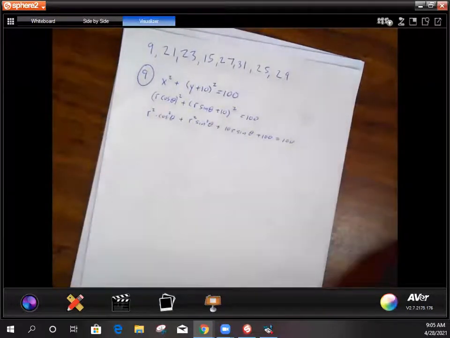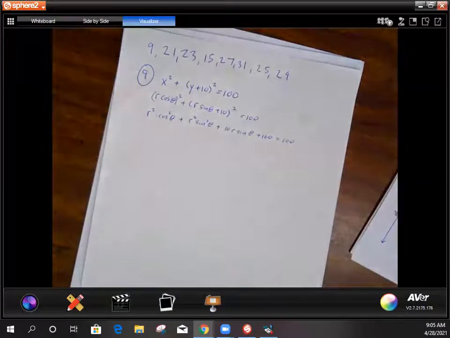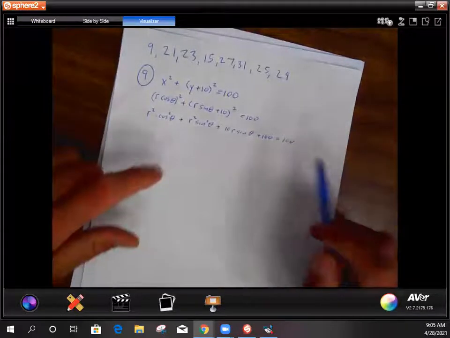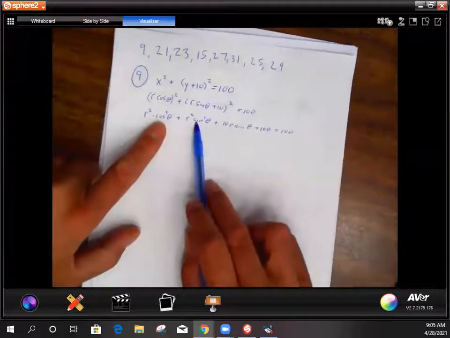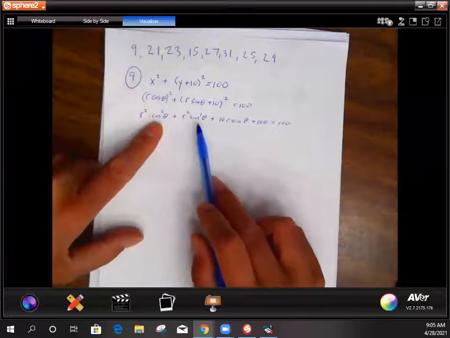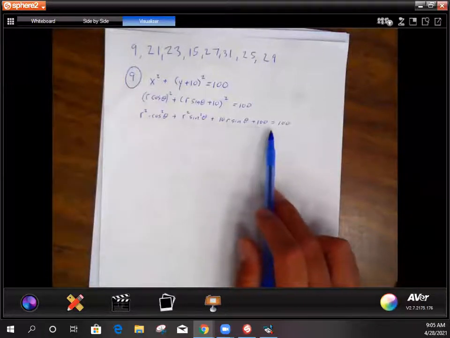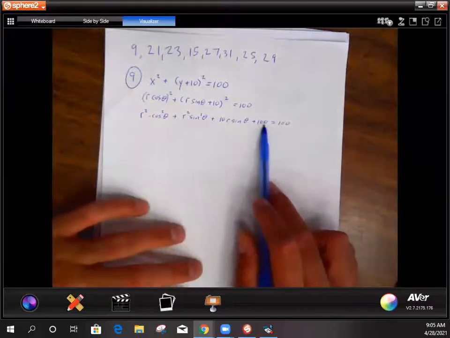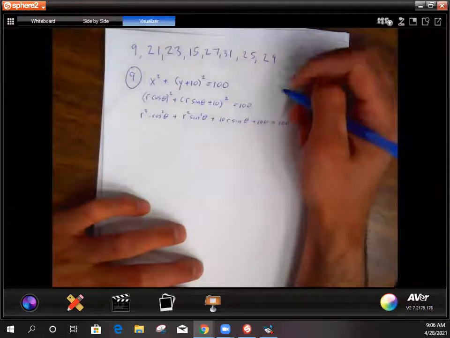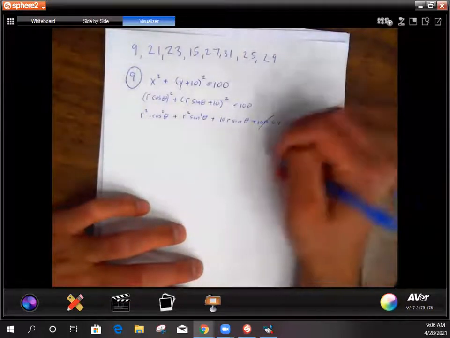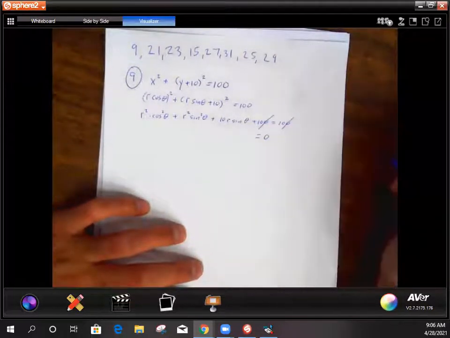So that's just FOILing everything out. Now I noticed we have sine squared and cosine squared, so keep identities in mind, like we know that could equal 1. We can also get rid of this 100 by subtracting it on both sides. So now I have 0 on this side.